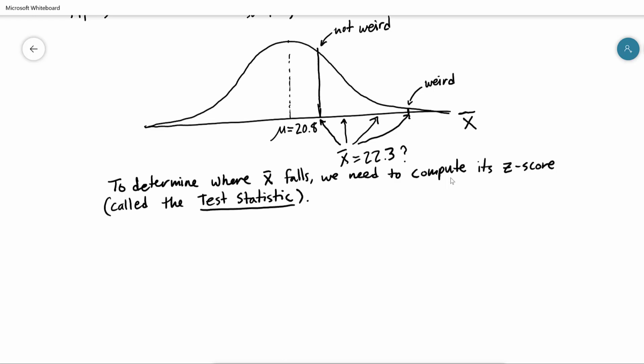Put that in parentheses there. And so that test statistic looks like this.